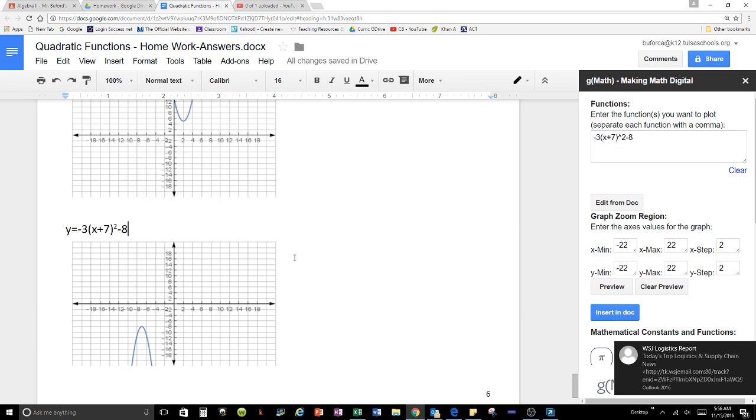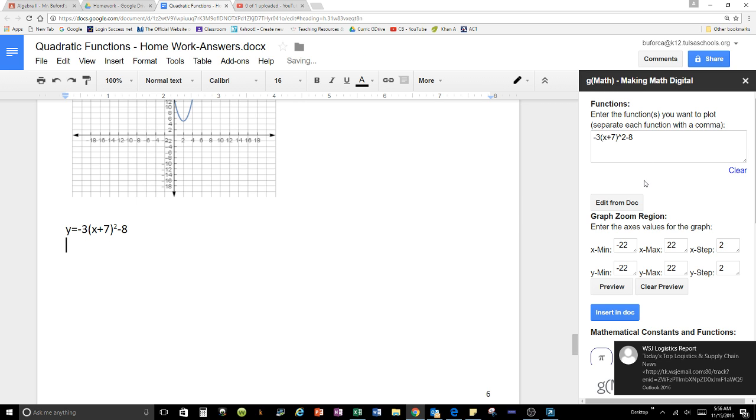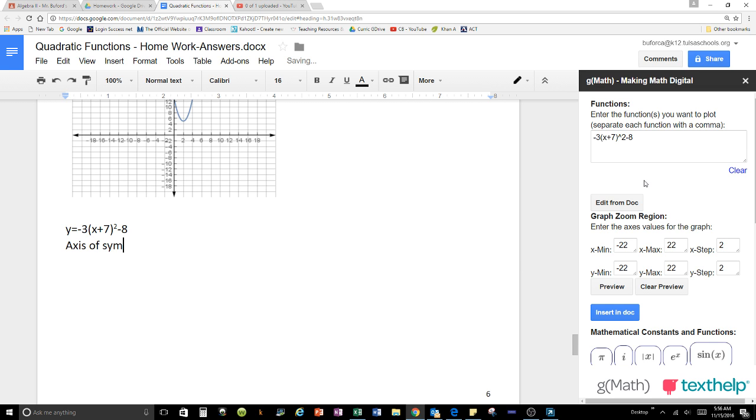Okay, so what else do we need to know? We need the axis of symmetry. Axis of symmetry is at x equals h, which equals negative 7. Right?